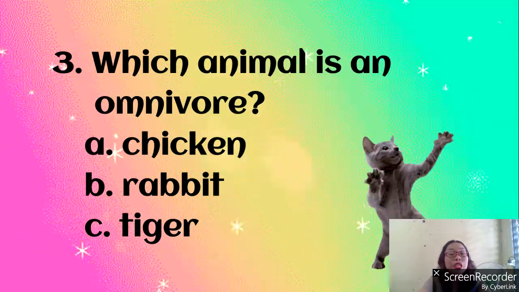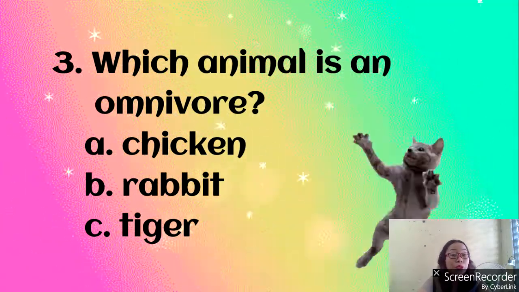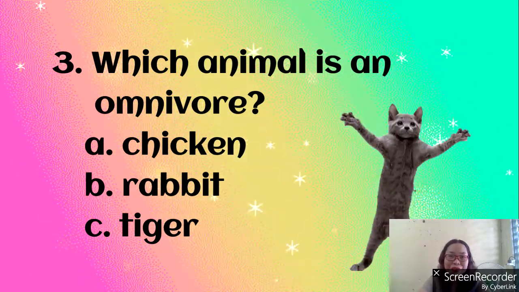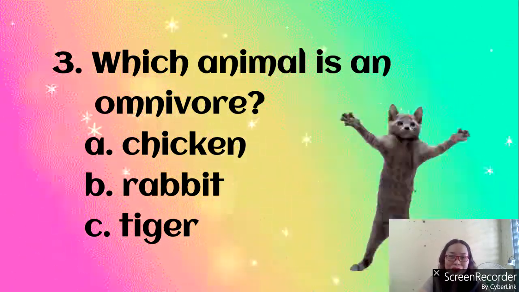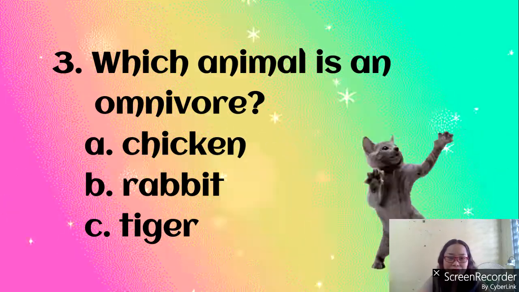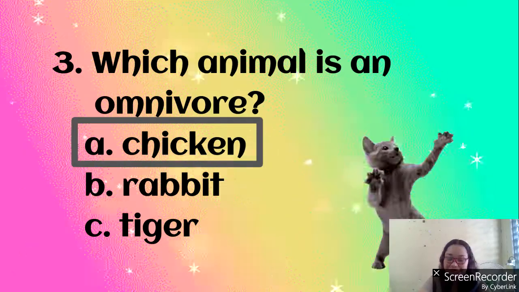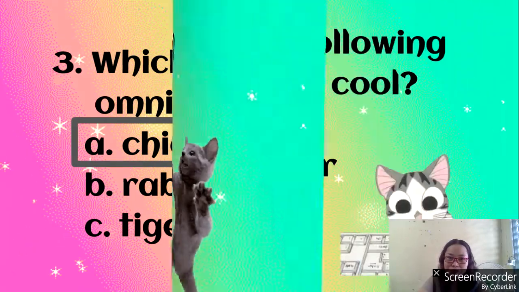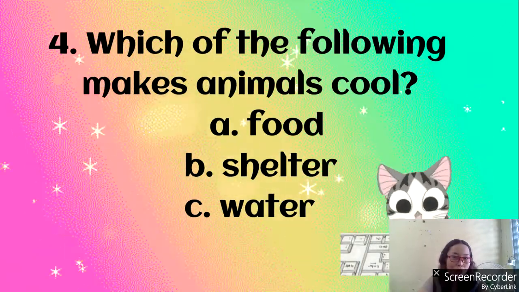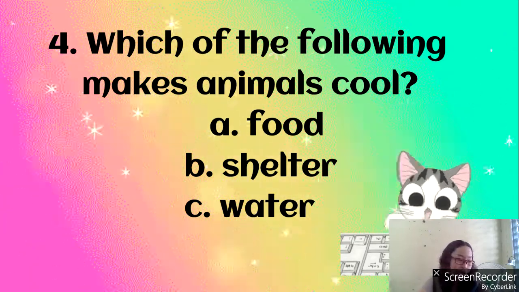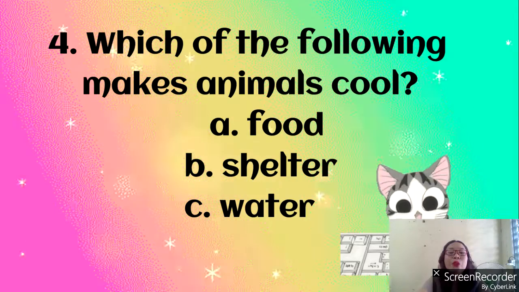Question number 3. Which animal is an omnivore? A. Chicken, B. Rabbit, C. Tiger. And the correct answer is A. Chicken. Question number 4. Which of the following makes animals cool? A. Food, B. Shelter, C. Water.